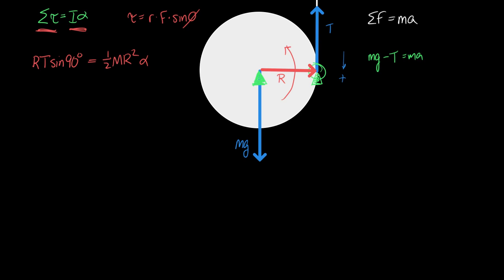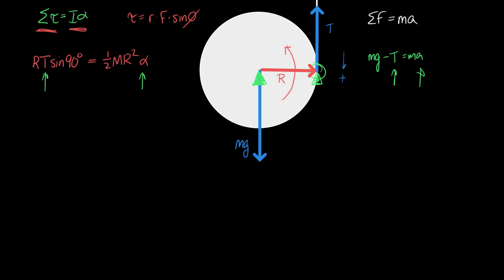If we want to bring these two things together, I recognize that I have 1, 2, 3 different unknowns, T, a, and alpha. So it's time to ask, is the linear acceleration of this ribbon roll related to the angular acceleration of the ribbon roll?